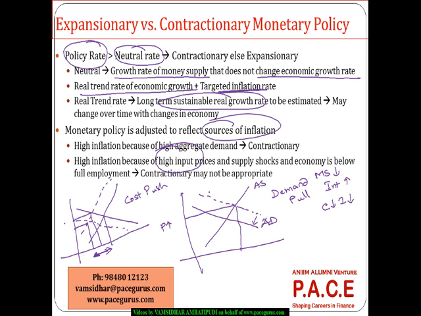So depending on the source of the inflation, is it demand pull or cost push, the monetary policy of the country should be targeted. The same contractionary policy could give a better result if it is a demand pull inflation, whereas it can really have a negative impact if the inflation is because of input prices going up, right?